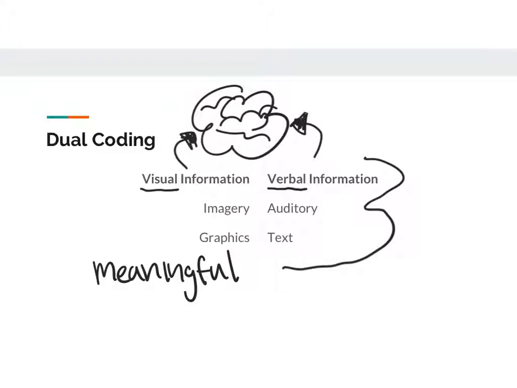And we know that when a learner has a high degree of overlap in the information they are intaking through both the visual and the verbal channel, they're able to better relate those two streams of information in their mind and form a congruent mental model that helps them better understand our intended learning. You can see on this slide, I have information verbally that I've written and narrated about the two channels, and an admittedly crude drawing of a brain with two arrows going into it to indicate the two channels.